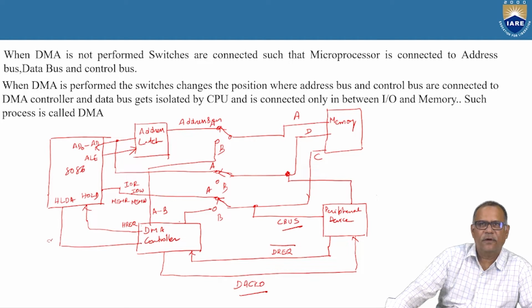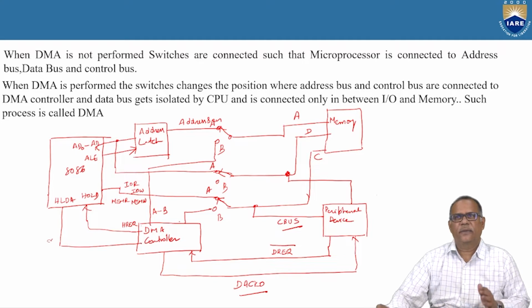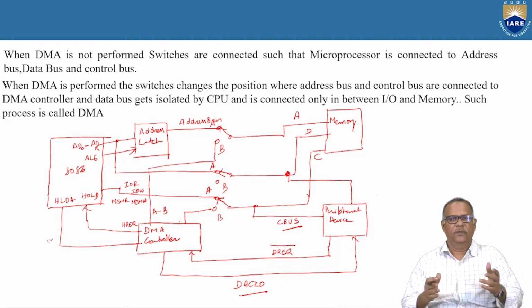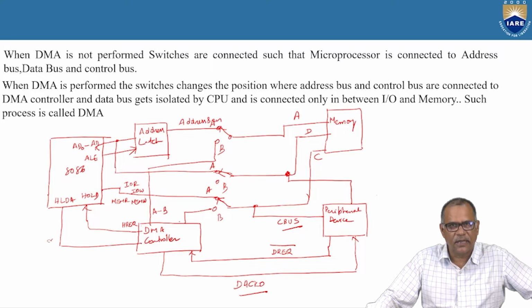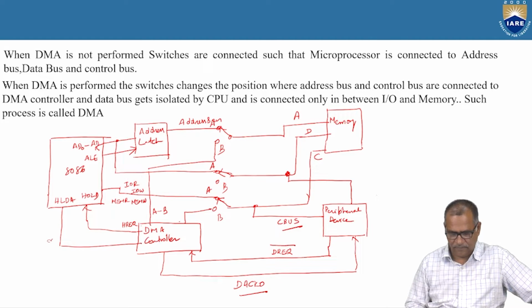When DMA is performed, the switches change position, and the address bus and control bus are connected to the DMA controller, and the data bus gets isolated from the CPU, and it is connected directly between the IO and the memory. So this process is called direct memory access.